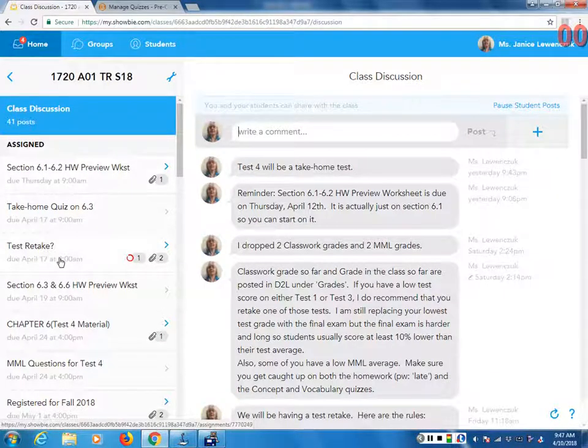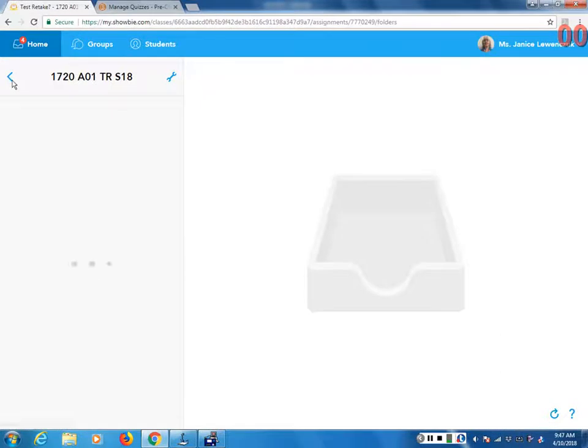Okay, I made you guys a folder in Shovie to tell me if you're retaking a test, and if so, which one. Instead of passing around a sheet, which everybody could see what test somebody's retaking, which is a privacy issue, you can just type in here and tell me what test you're retaking.